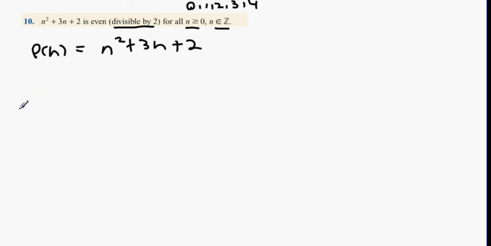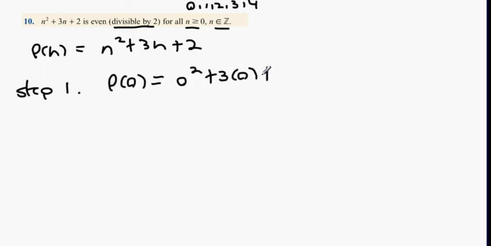So, to start this off with step 1, we've got to test the smallest value in the sequence, and that is going to be P of 0. So P of 0 equals 0 squared plus 3 times 0 plus 2, and that equals 2. 2 divided by 2 equals 1.